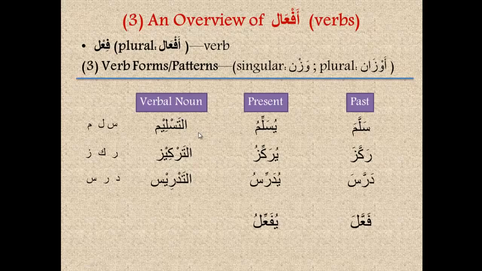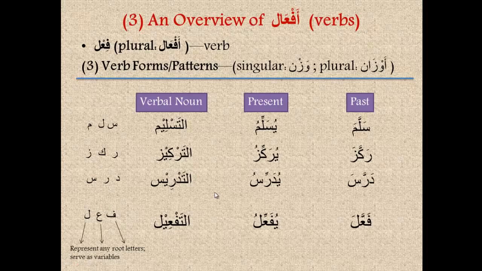Let's listen again. At-taslim, at-tarkiz, at-tadris. All 3 fit onto the pattern at-taf'il, where again the fa, the ayn, and lam act as variable roots. So the fa, the ayn, and lam can represent any root letters.